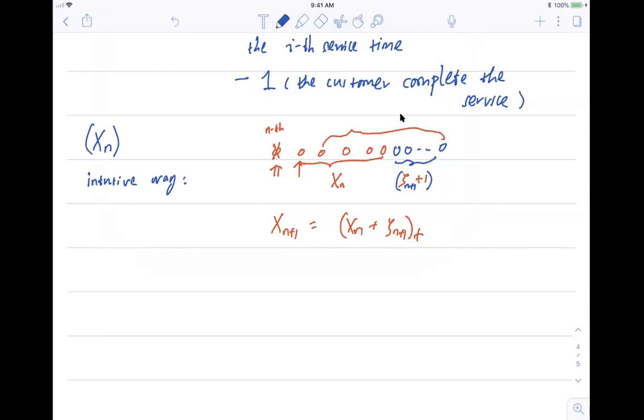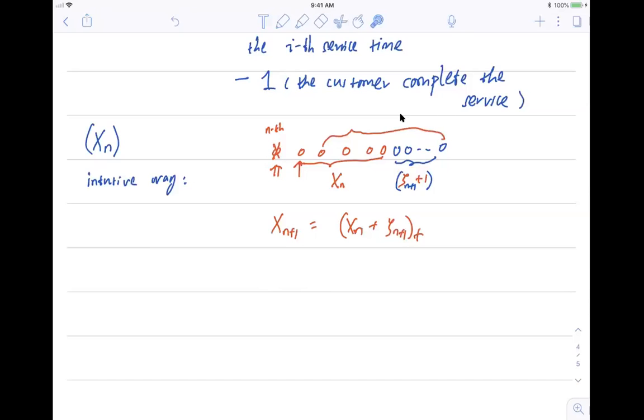So these new arrivals, you can think of this Xn as a branching process. This is like a parent node, and these are children of this individual. When this individual gets served, all the new arrivals during the service time for this guy can be viewed as the children of this guy.